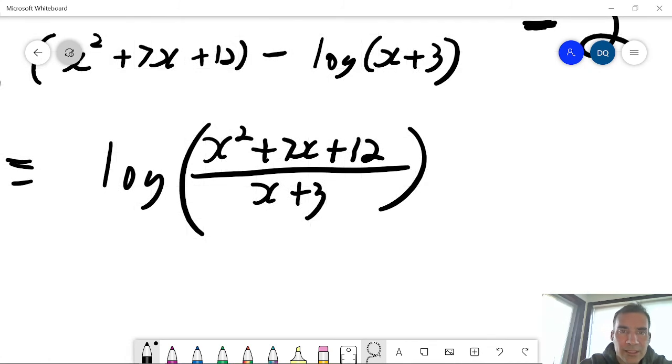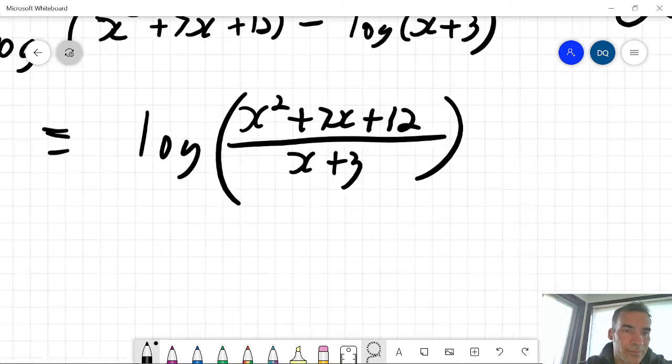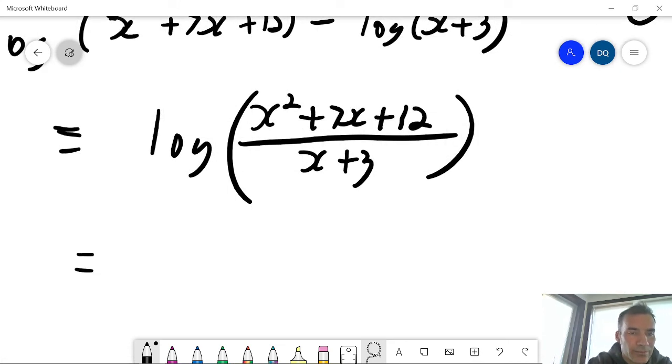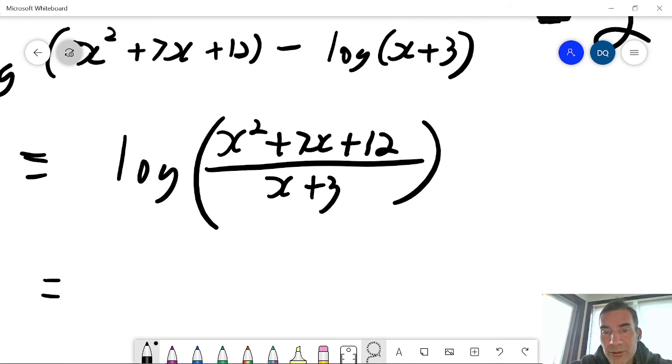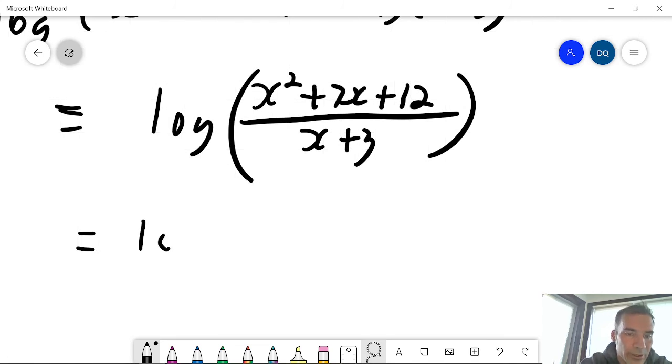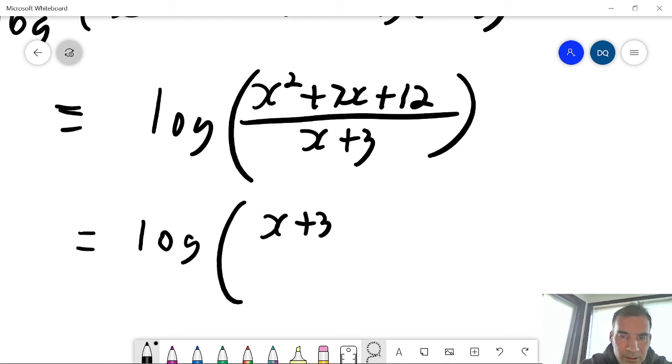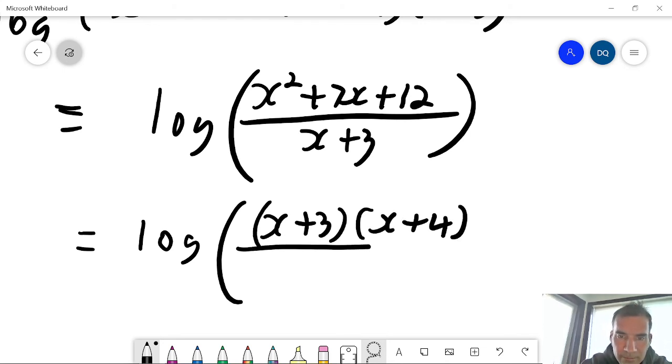Now, how is this any easier to do than that? Well, I'll show you. It's going to be a little bit simpler because this is going to be factorable. Numbers that add up to 7 and multiply to 12 are 3 and 4. So we can factor the top and end up with x plus 3 times x plus 4.